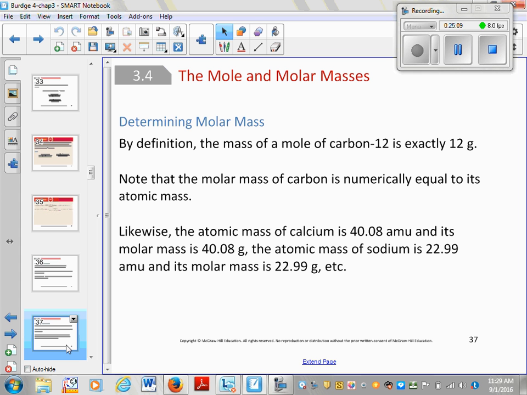Well, it turns out that a mole of carbon dioxide weighs 44.01 grams. It's the same number, it's just instead of AMU, it's in grams. So when we're talking about AMU, we're talking about molecular and atomic scale. When we talk about molar masses, we're talking about stuff you can weigh out, grams.